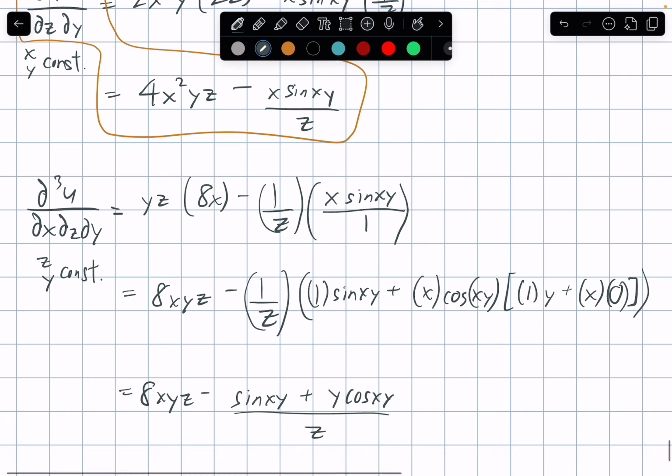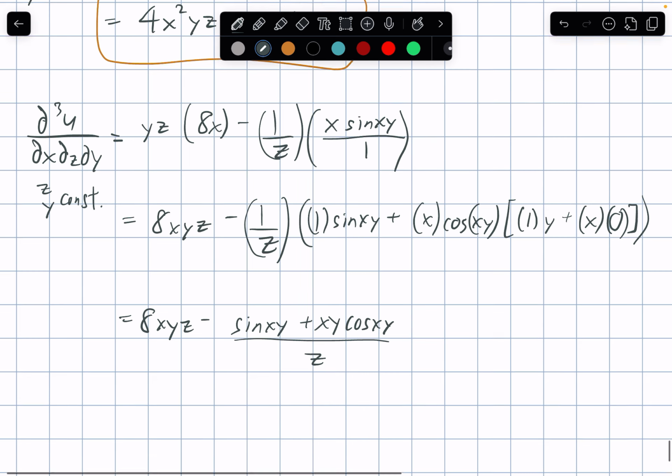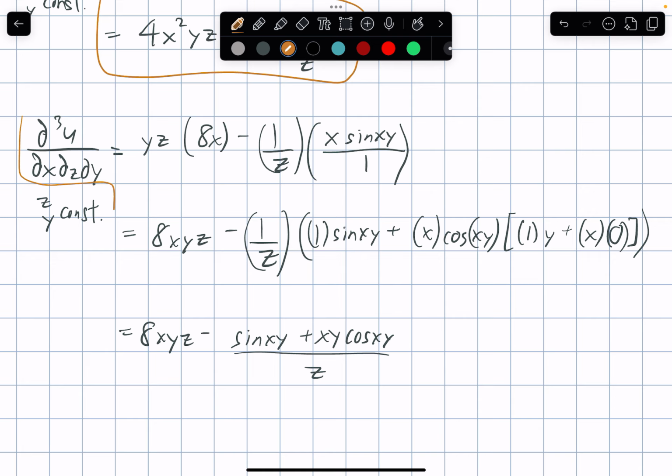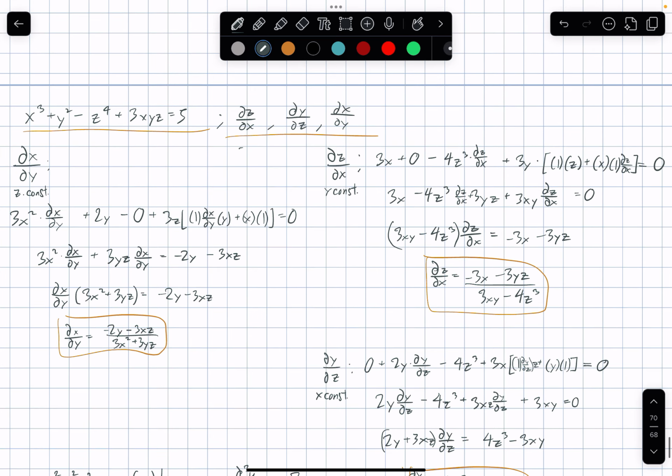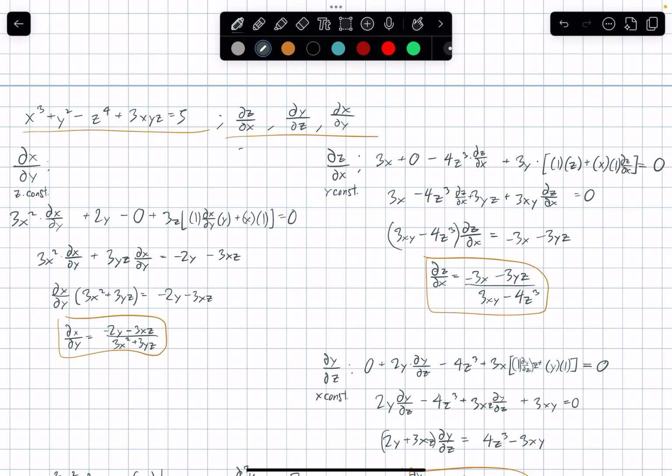So in that case, xy cos xy. Well, yeah, this is actually the answer already. Okay, so that's it for partial differentiation HOD.